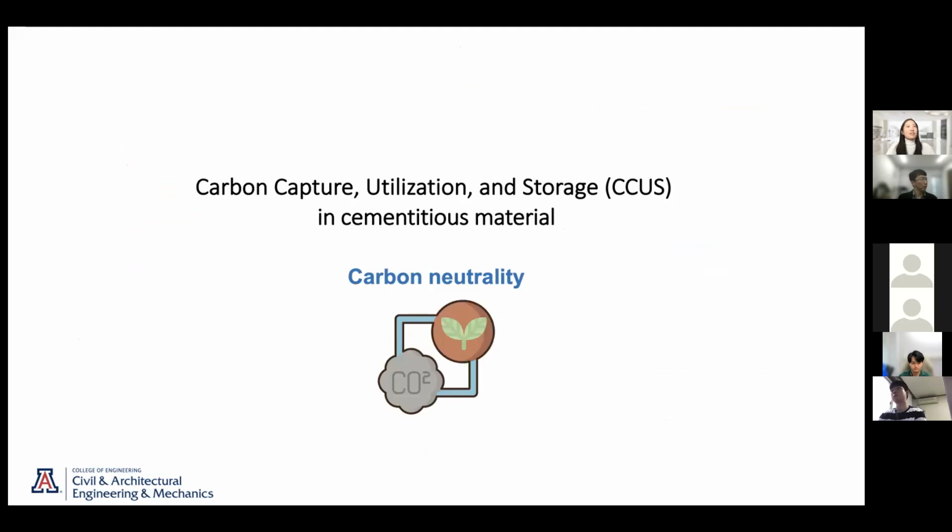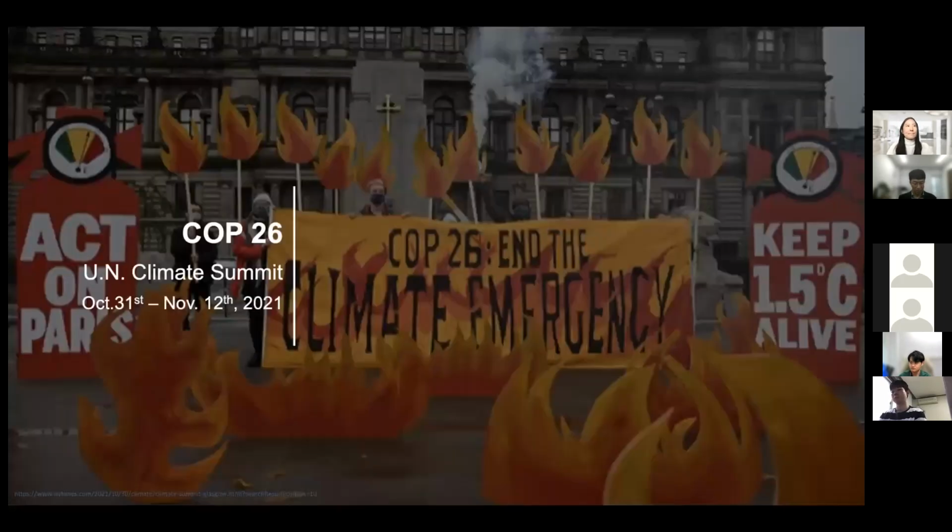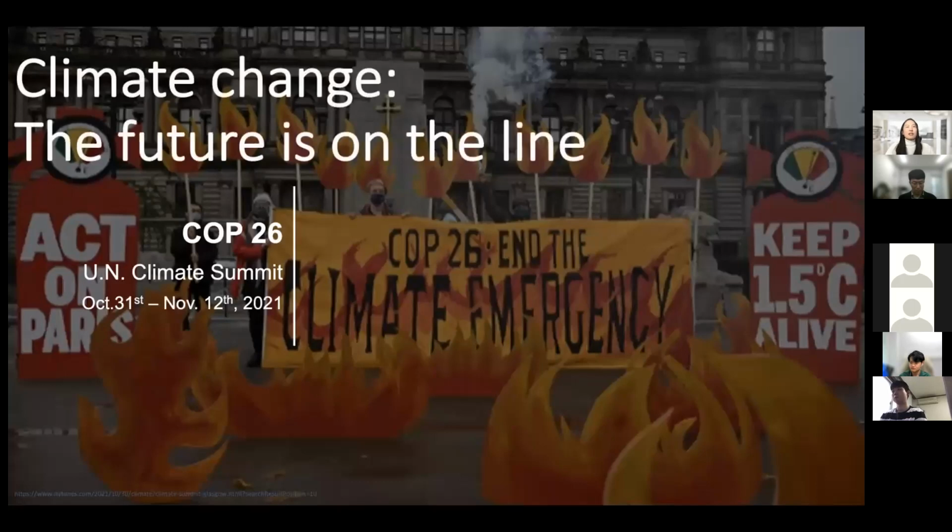I will start with carbon capture, utilization, and storage, CCUS technology in cementitious material first. We are all talking about climate change, and the reason is we are facing a big challenge, global warming, and the future is on the line.